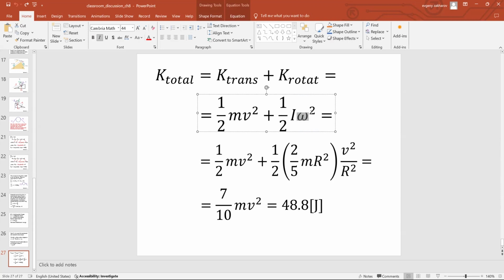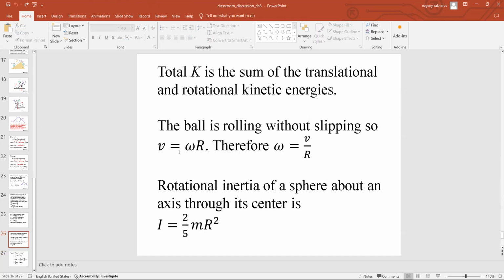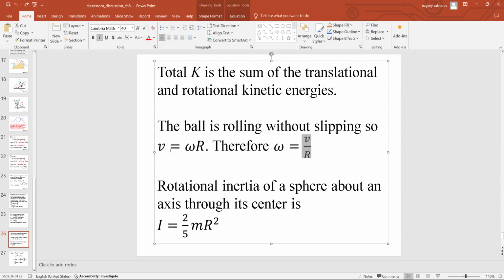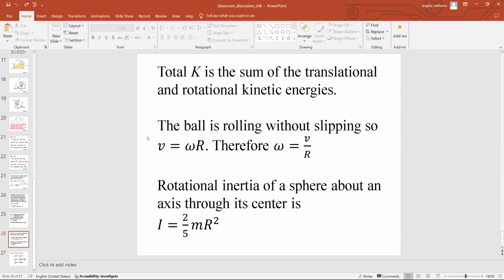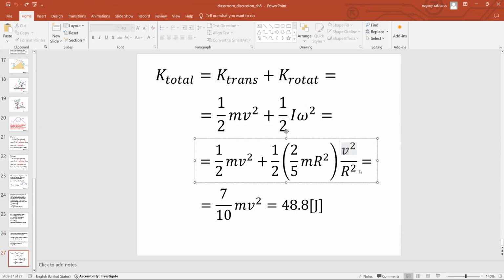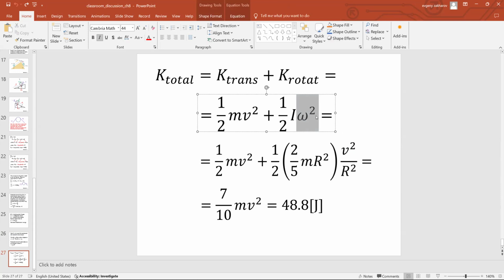See how it's I omega squared, but you don't have the omega. Omega is not given. But you might say omega is just v over r because v is r omega. So instead of omega squared, you say v squared over r squared. That's exactly what I'm doing right here.